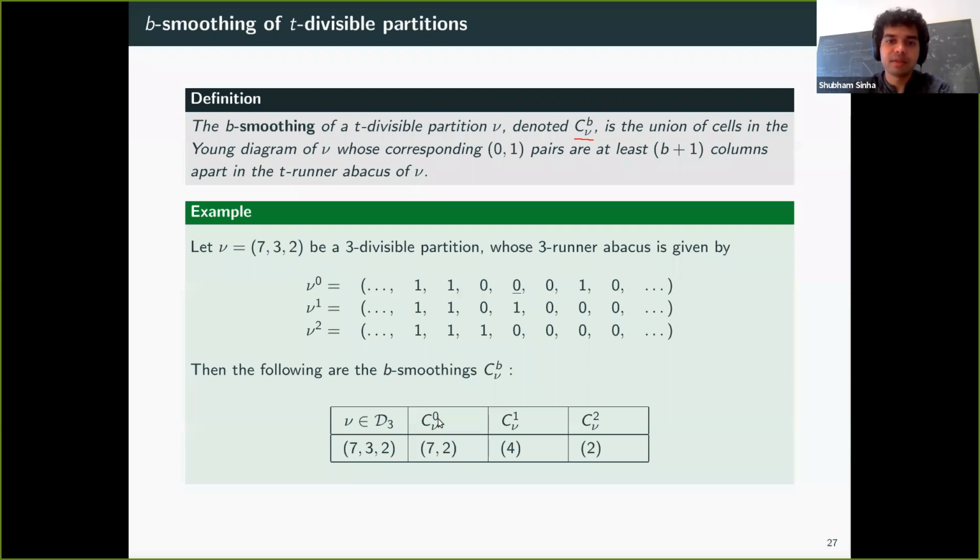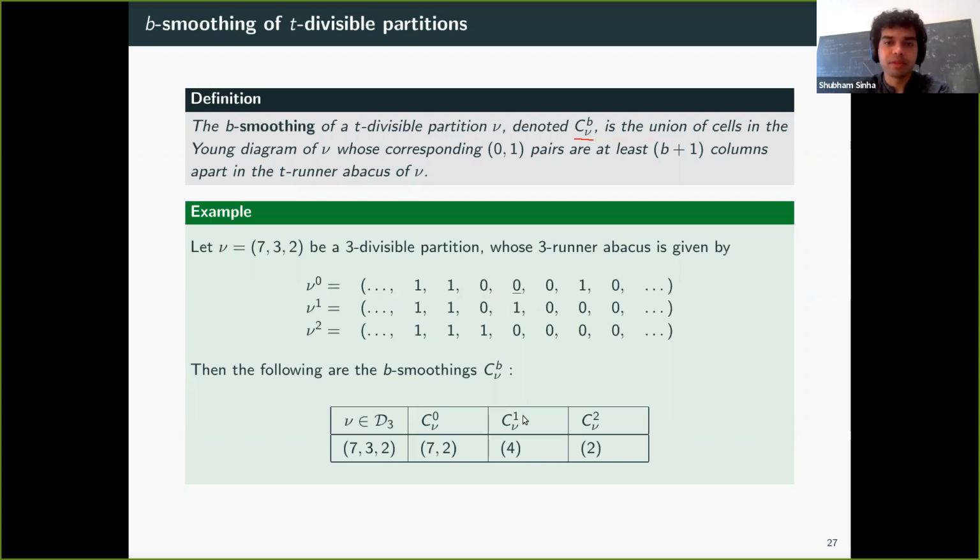In this case it would simply be 7 because nothing happens. But what about the second row? You have a 1 here, and previously there were three cells in the second row of the Young diagram, but by the definition you don't count the one which is in the same column. So you get 0, 0, 1. So there's the 7, 2.